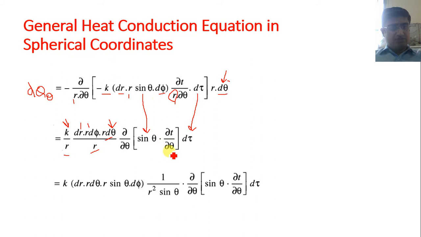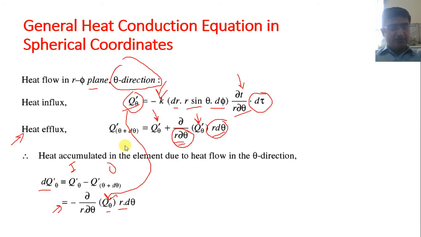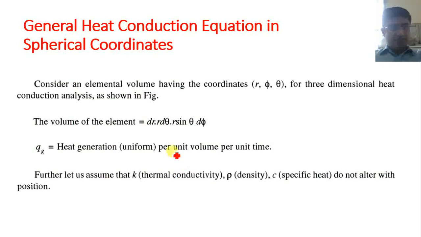So now if you want to find the value, you have to identify the volume element. Here you can see, here was our volume element: dr, r d theta, r sin theta d phi.